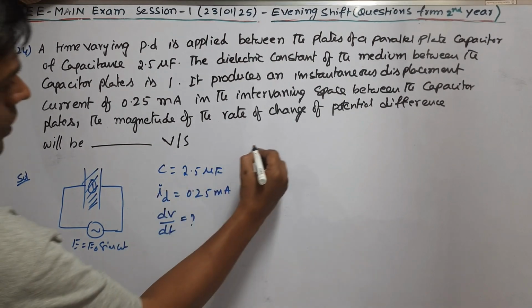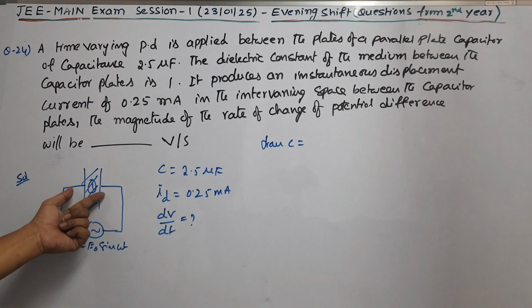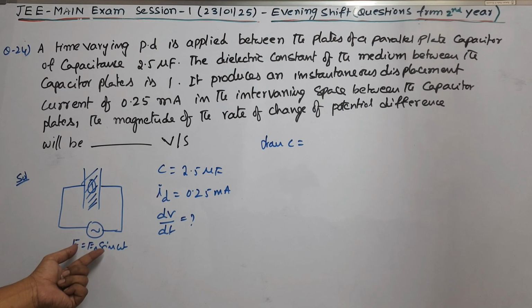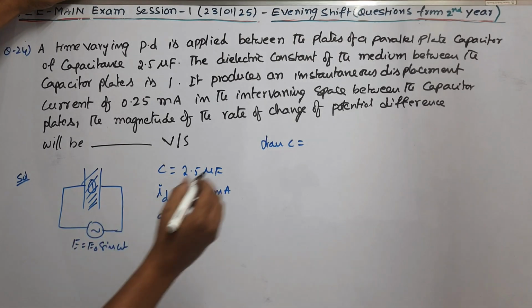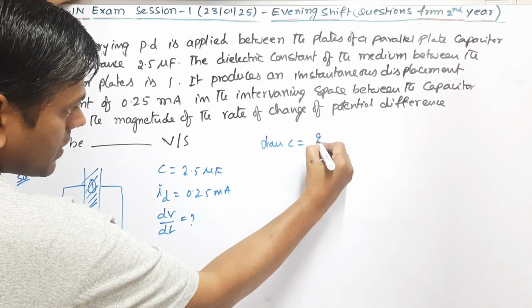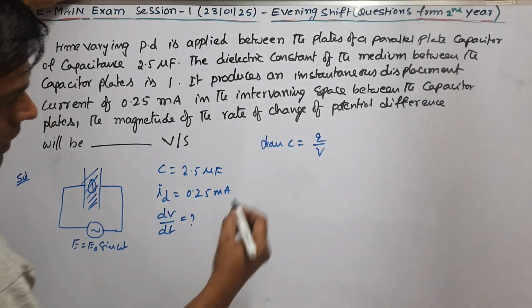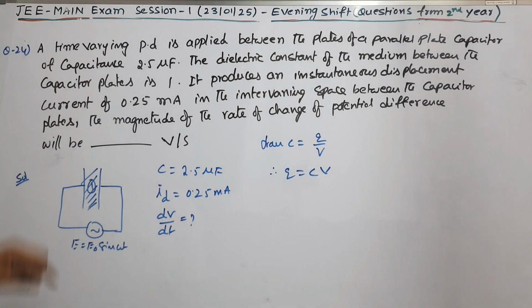This is asking: when the capacitor plates are connected across the alternating voltage source, the capacitor plates start charging. From the definition, capacitance is equal to Q by V, therefore Q is equal to C into V, isn't it?